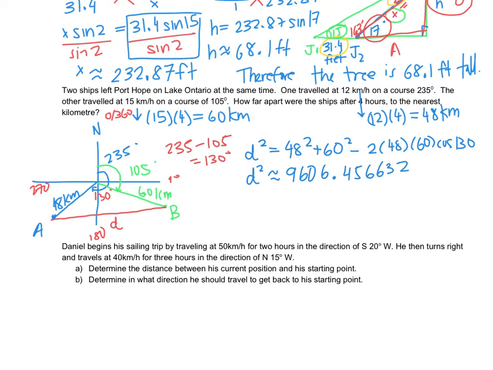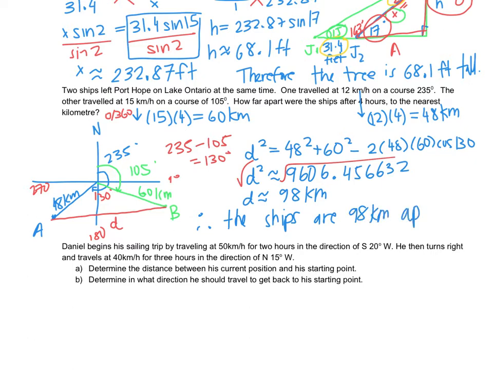Now obviously this is not the distance. We have to remember we have to square root both sides. So the actual distance is approximately 98 kilometers, and I did round to the nearest kilometer because that's what the question said. Therefore, the ships are 98 kilometers apart.